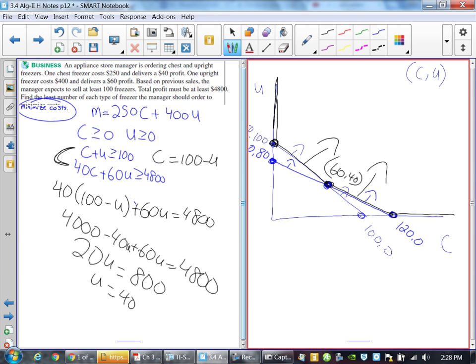And we're going to check that with 250C plus 400U. That's how you figure out which combination of those two is going to give you the least bang for your buck, if you want to think of it that way.